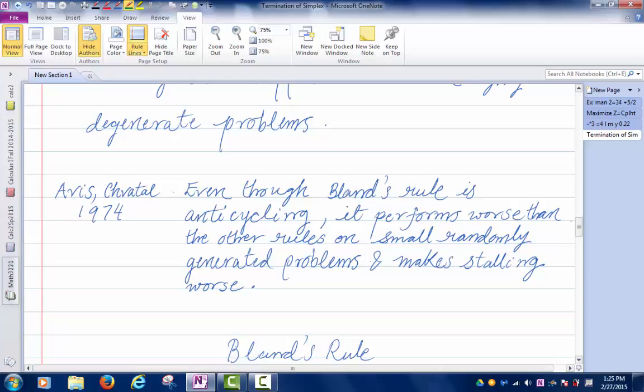So stalling is made worse by Bland's rule, and it performs worse than the other rules on small randomly generated problems.